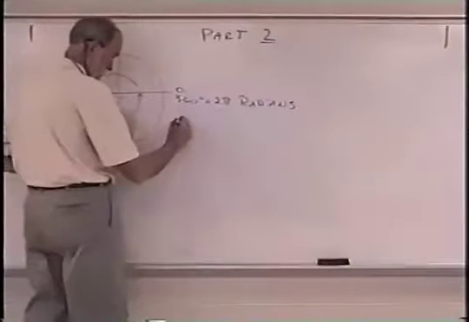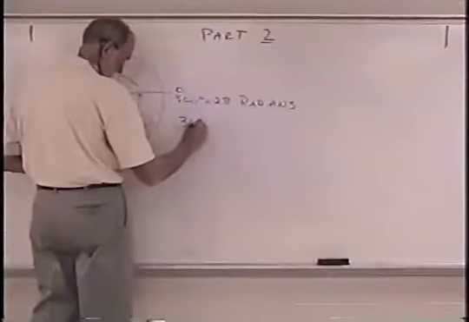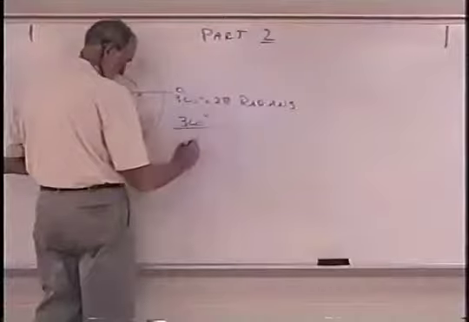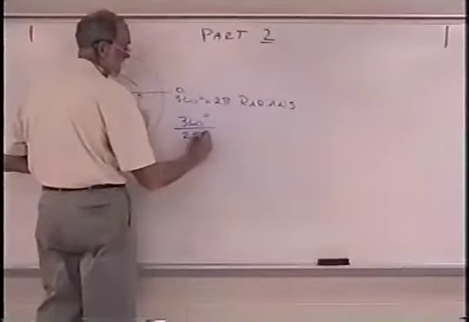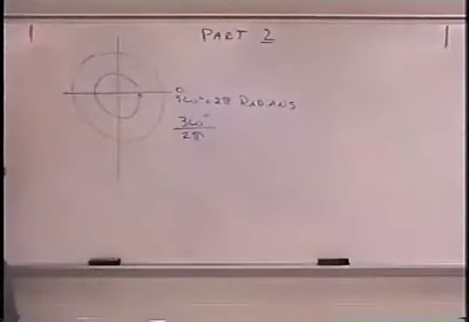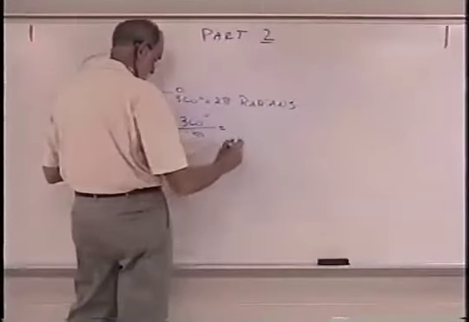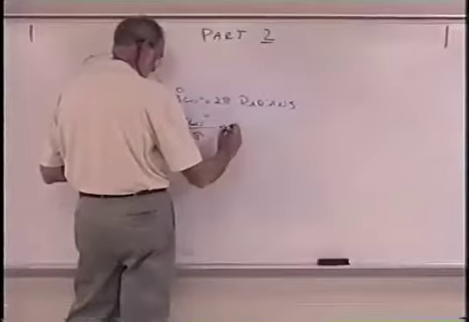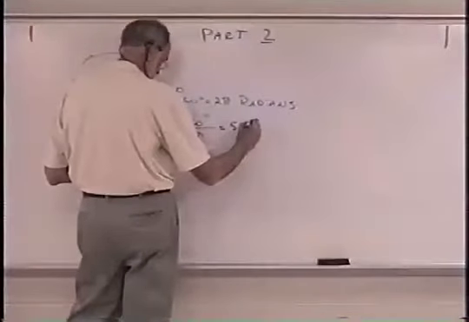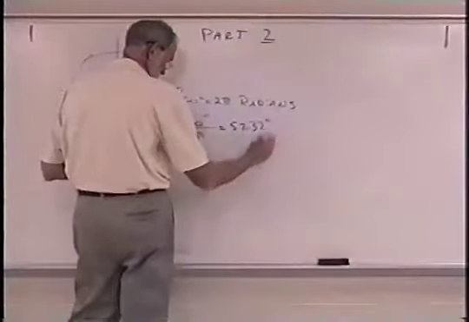So since we can equate these two things, 360 degrees and 2 pi radians, if we simply take 360 degrees and divide by 2 pi, which is approximately 6.28, we will get 57.32 degrees.